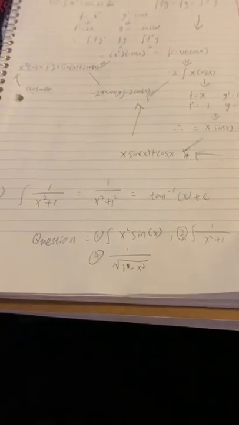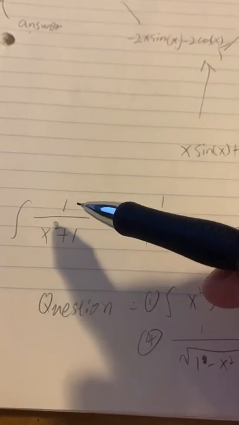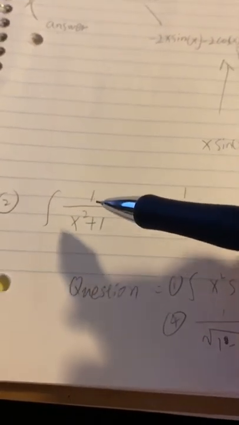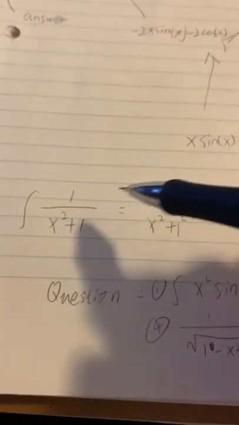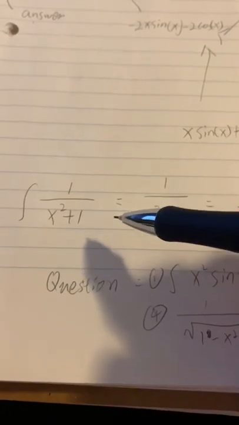First I will explain question 2. We need to find the antiderivative of 1 over x squared plus 1.